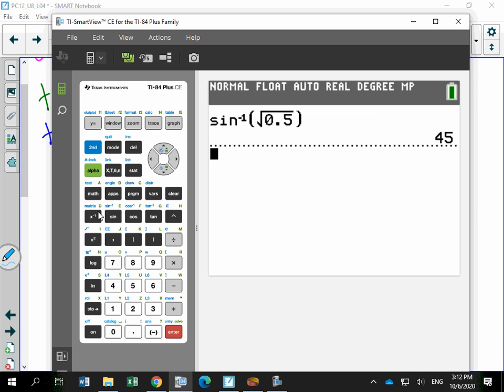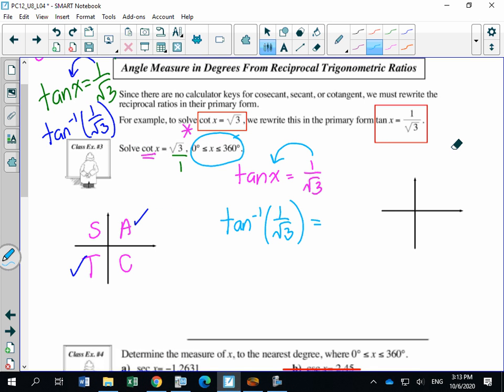So on my calculator, the inverse tan of 1 divided by root 3 is 30 degrees. So that's equal to 30 degrees, and remember that that is always the reference angle.